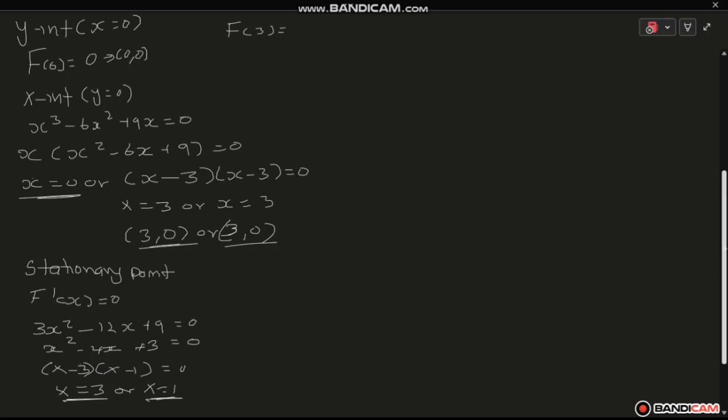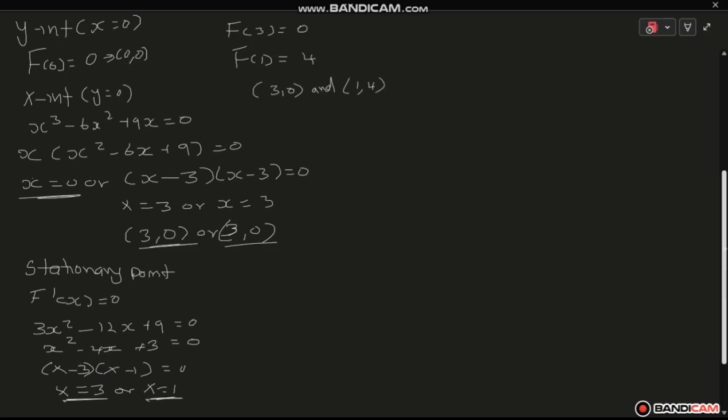So it is f of 3. It will give us what? Just use your calculator. It will give us 0. And f of 1 will give us positive 4. Therefore, you write them in coordinate form: (3, 0) or (1, 4). These are the stationary points.